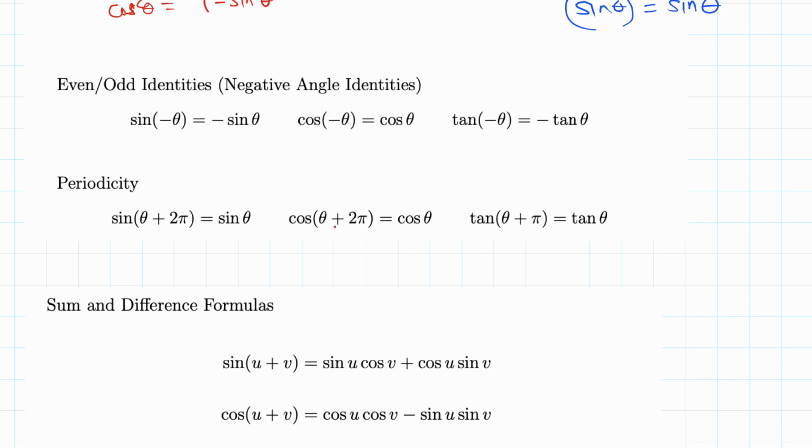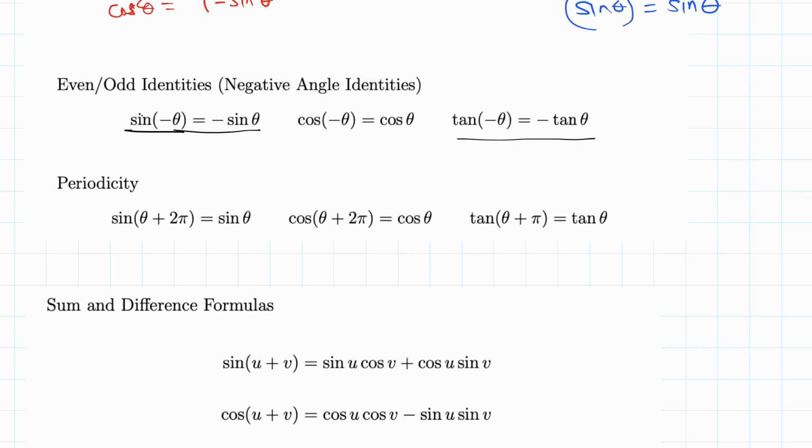Now, even odd functions, in our case, even odd identities, are negative angle identities. Sometimes we have the sine of a negative angle. If the angle goes in the clockwise direction, then that's a negative angle. Sine and tangent are odd functions.